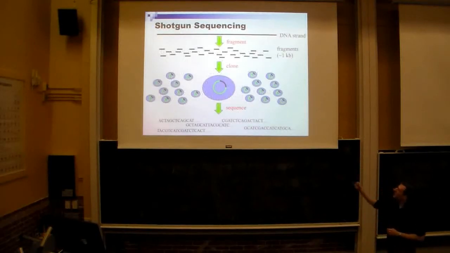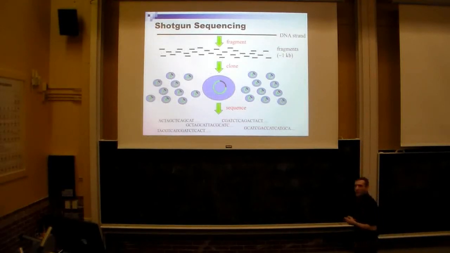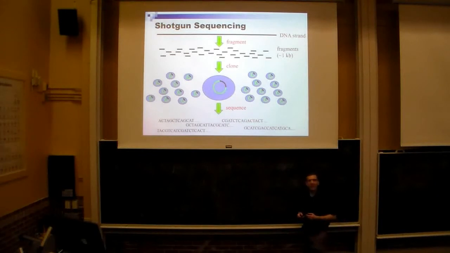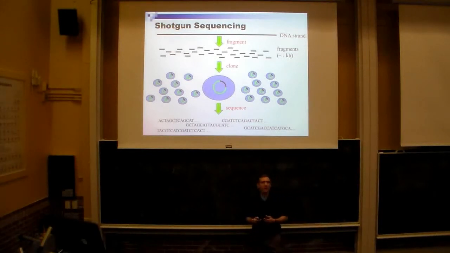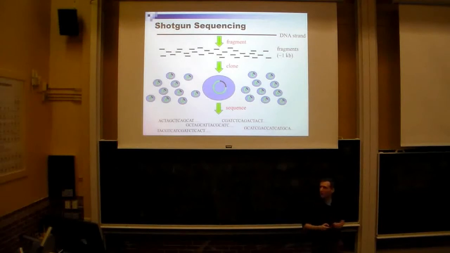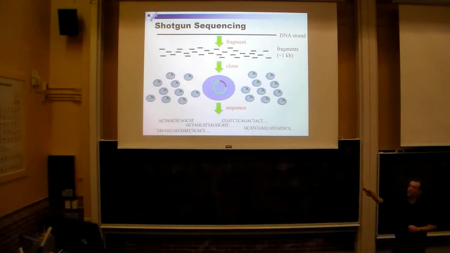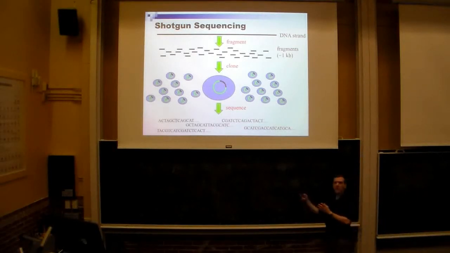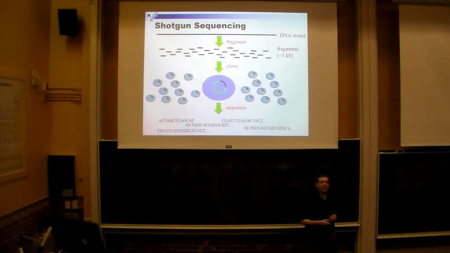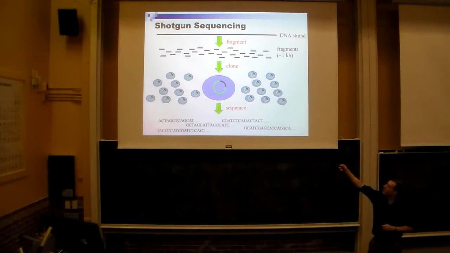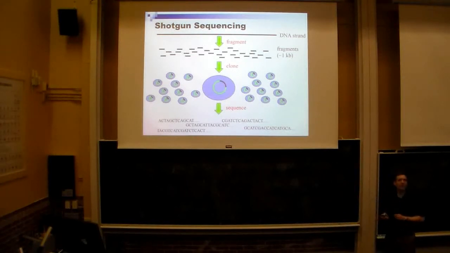And what ended up happening was the development of an alternative technique called shotgun sequencing. And shotgun sequencing is the primary way people actually get large eukaryotic genomes today. The idea behind shotgun sequencing was to try to get around that slow, inherently sequential chromosome walking process by bypassing that, by essentially taking your genome, and instead of getting these big pieces of genome, which gives you a relatively small number you can put together through the mapping process, fragment your genome into much smaller pieces that you can actually sequence directly.